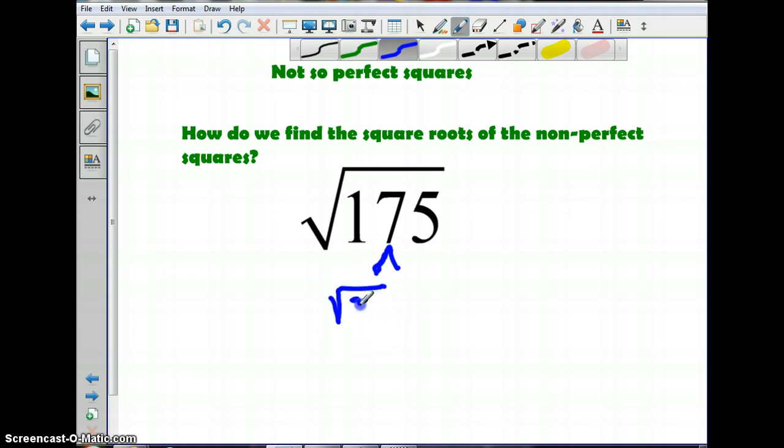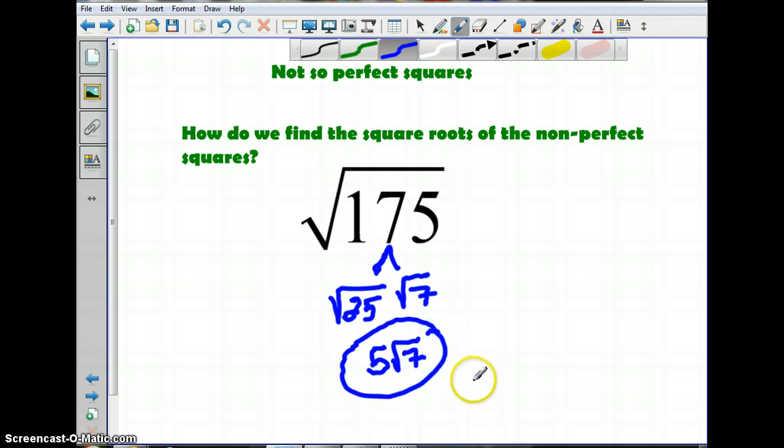Well, what about 25? And it's kind of like a prime factorization. So 25 times what gives us 175? Well, 4 25s make 100, plus 3 more. Here we go. So then we have 5 square roots of 7. And that would be our simplified version, which is okay.